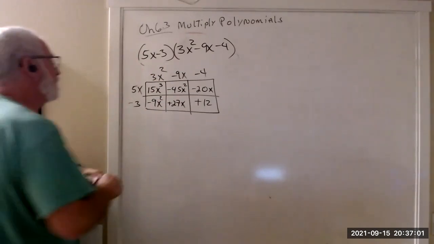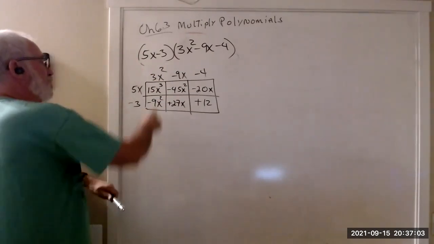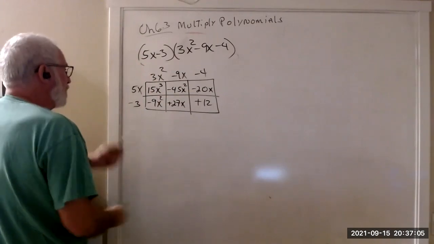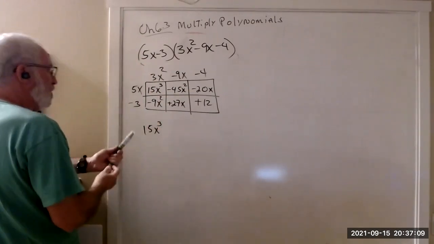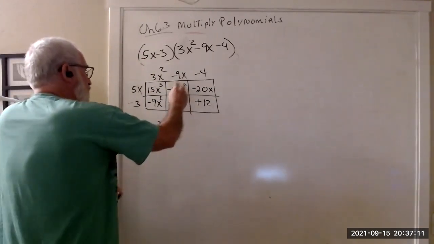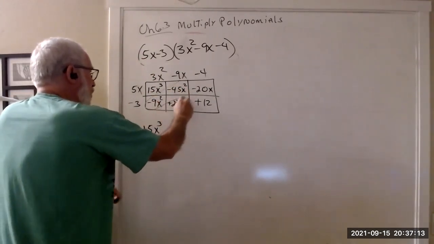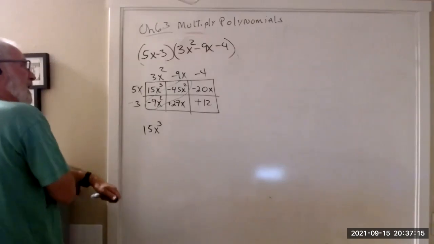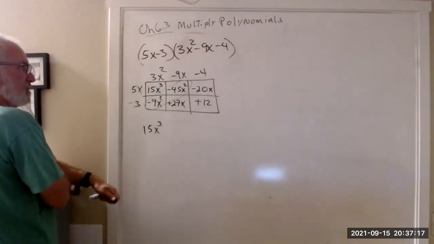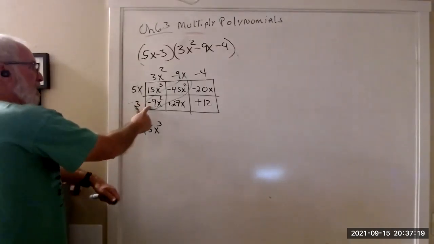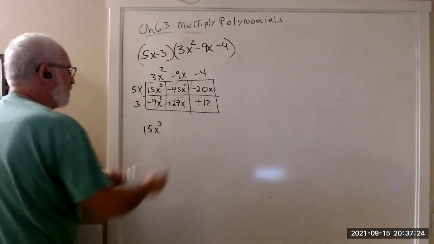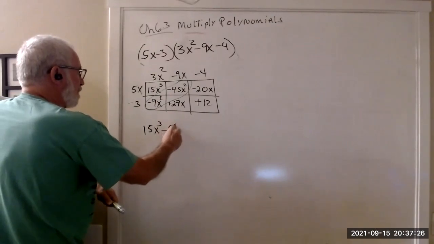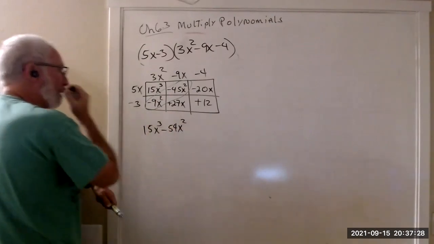Okay, then we start looking for like terms, x cubes. There are none, so it's 15x to the third. Okay, we look for x to the seconds. Every like term should be in diagonals like that. So negative 9 minus 45 is negative 54x to the second.